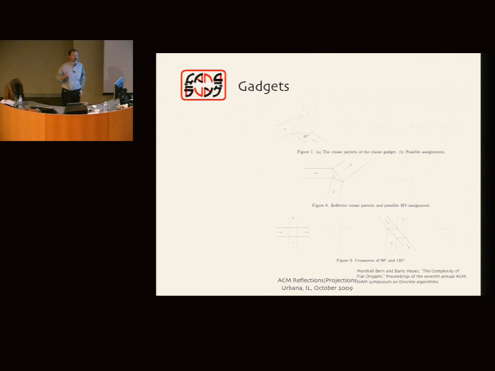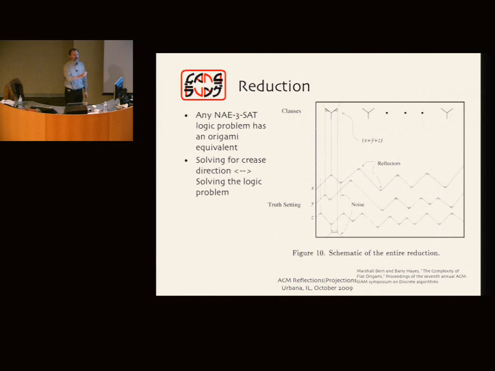Well, in 1996, 2 researchers at Xerox PARC developed a whole series of folding gadgets that could create not-all-equal clauses on these true-false pleats. They could create reflectors and crossovers and splitters that allowed you to encode any logic problem of a type called not-all-equal 3-SAT in a crease pattern. So any not-all-equal 3-SAT logic problem had an origami equivalent.